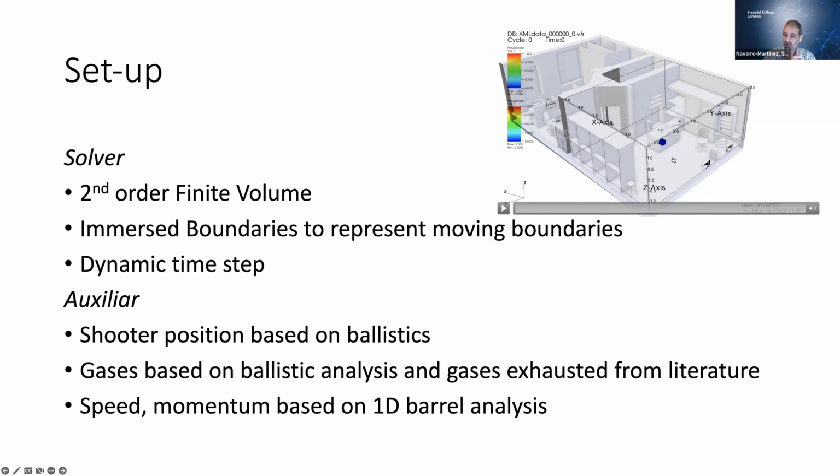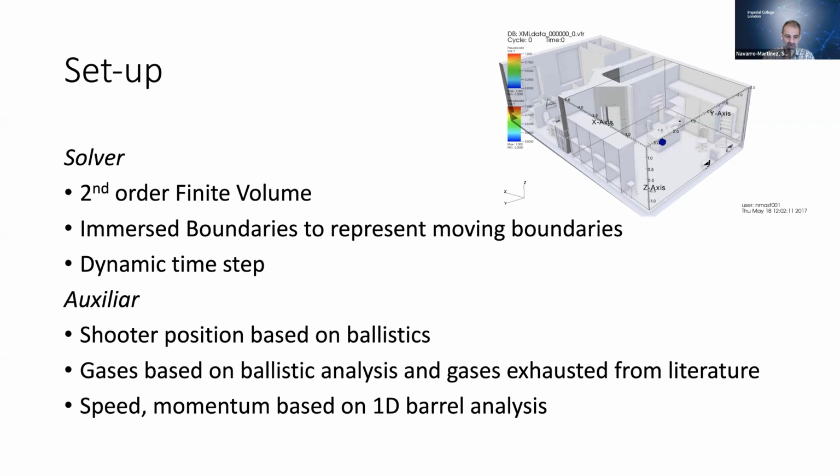The moment you open and close the door, that creates a huge change in the flow field, so we did that by moving boundaries. Of course, it's a big change in time step. The time step close to the shooting was very small. There's a high momentum, and then we can increase it a little bit because things slow down quite a lot.